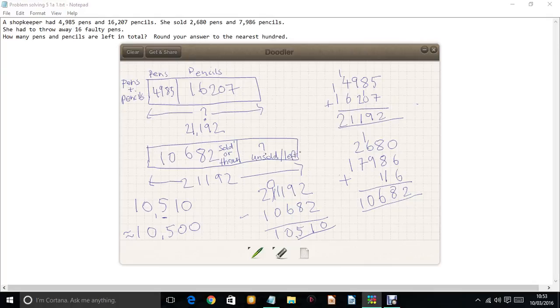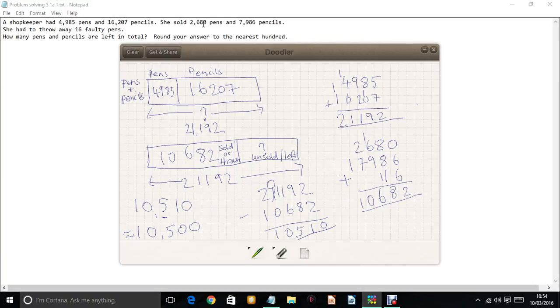Now how did I calculate this 10,682? Where does this number come from? Well, what I did was I added together everything that was sold or thrown away. You could, if you really wanted to, represent this with a separate block, but I've got the numbers here.